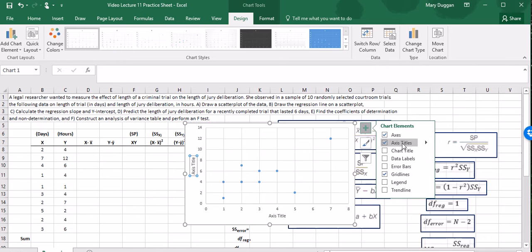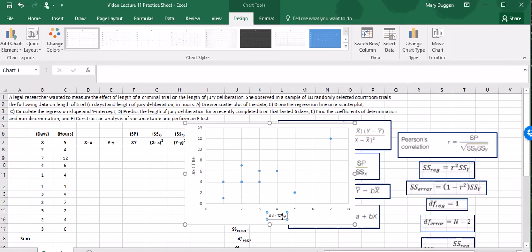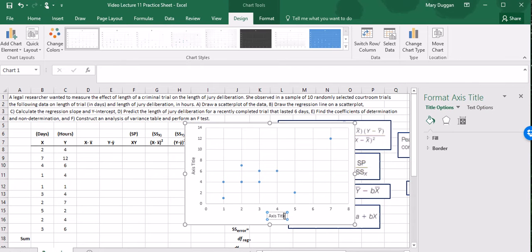So here we go. And as I mentioned before, the x-axis is the independent variable of length of trial in days. And I said length of trial. That'd be a different thing altogether.